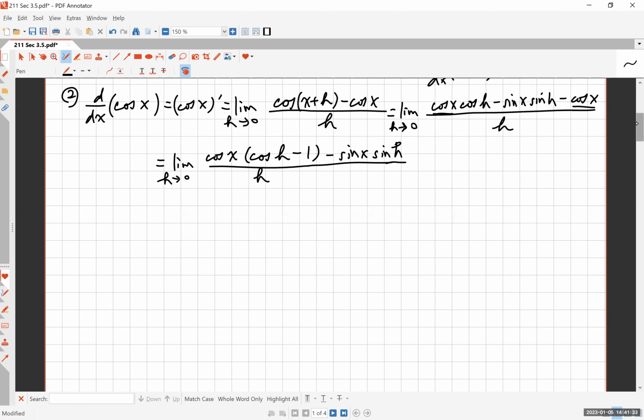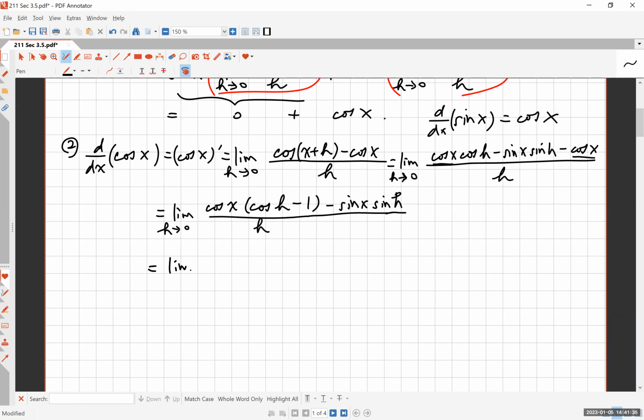Remember I said earlier that many students struggle in Calculus 1 because they struggled with trigonometry. And so you really do need to review your trigonometric identities, trigonometric equations, definitions, and how to algebraically manipulate these things, okay? Now, again, cosine x is free of h, so you can factor it out in front of the limit notation. And then you have cosine h minus 1 over h.